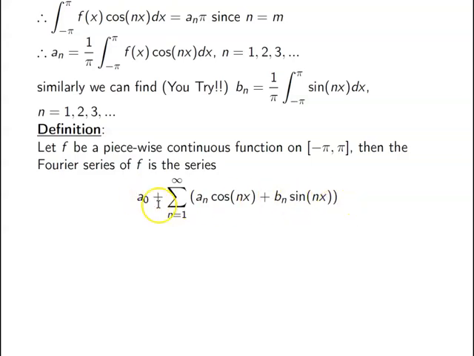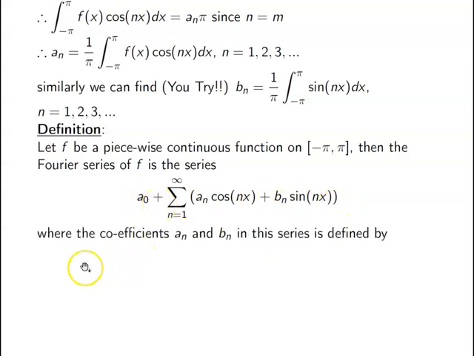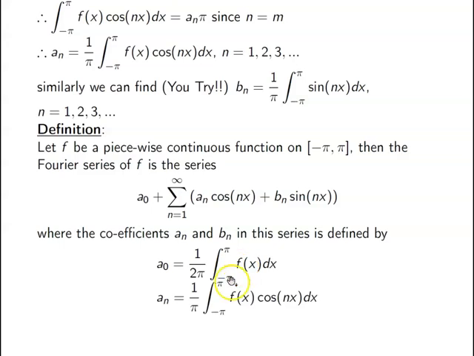So we saw this already, what it looked like written out. Where my coefficients, a sub n and b sub n, in this series are defined by the integrals: a naught being 1 over 2 pi of my function being integrated from negative pi to pi. a n is 1 over pi times the integral from negative pi to pi of my function times cosine n x.